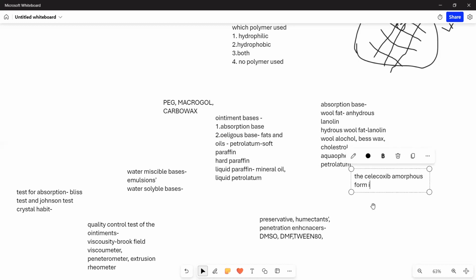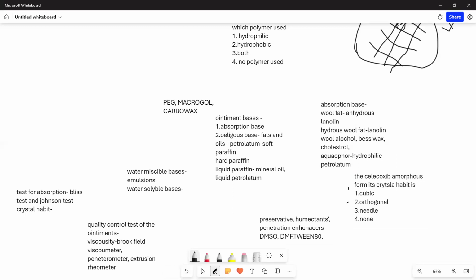Its crystal habit is: cubic, orthogonal, needle, or none. Provide me the answer for this question, guys. What is the crystal habit of the celecoxib amorphous form?